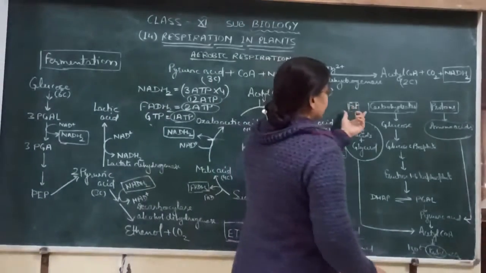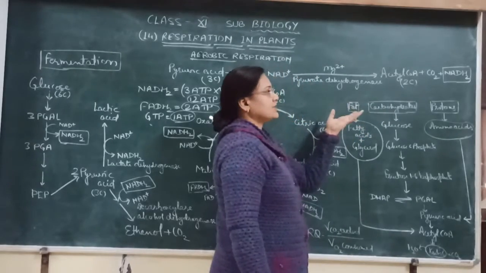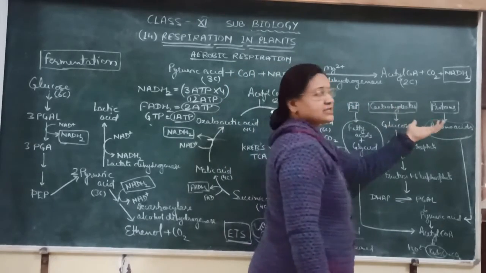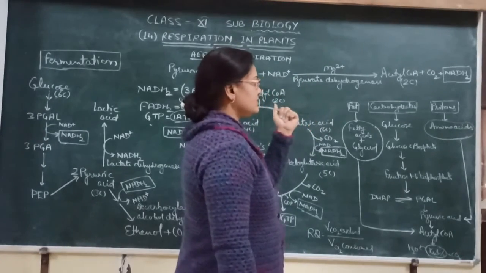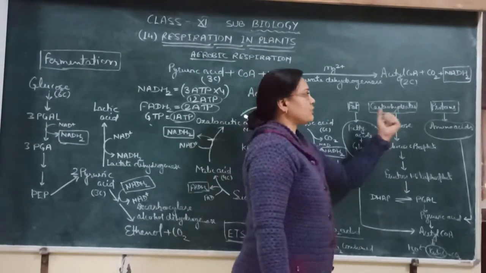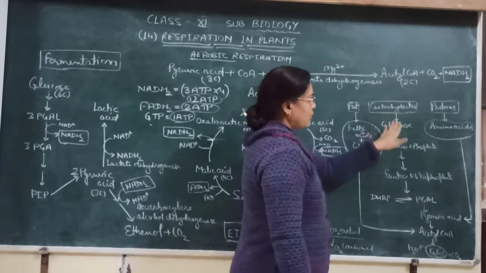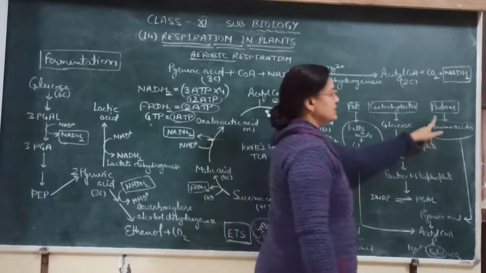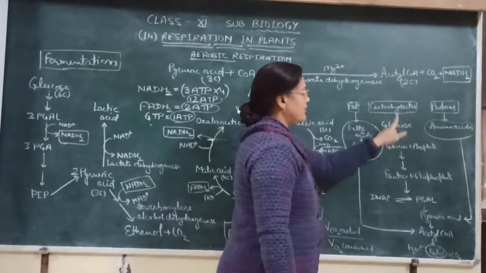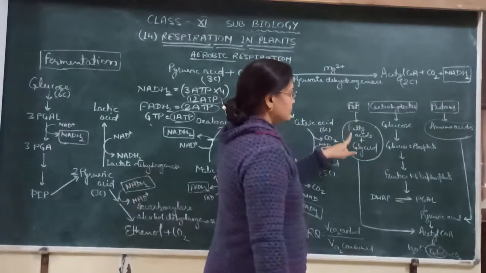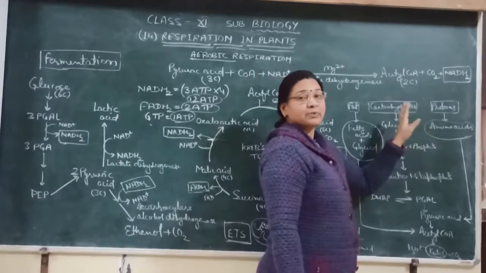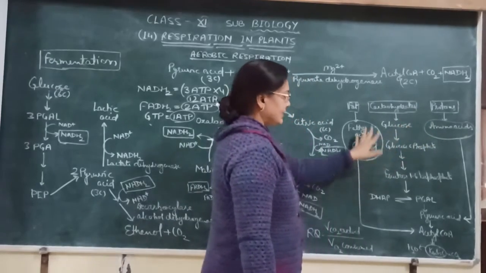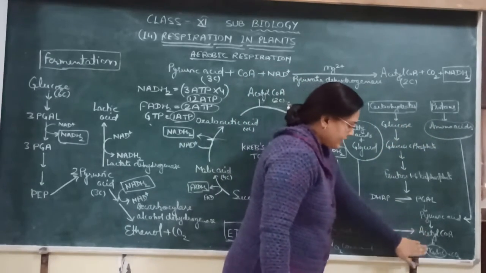Now, what are the food materials? Food materials contain fat, carbohydrate and proteins mainly, and also vitamins and minerals. After digestion, proteins are converted into amino acids, carbohydrates into glucose, and fats into fatty acid and glycerol. And these monomers, these simplest forms of food, can be converted into ATP molecules.